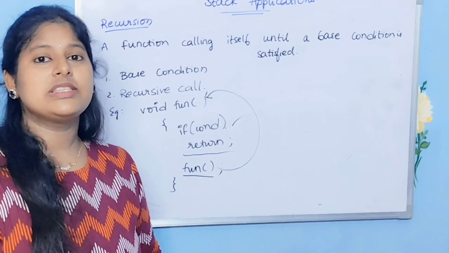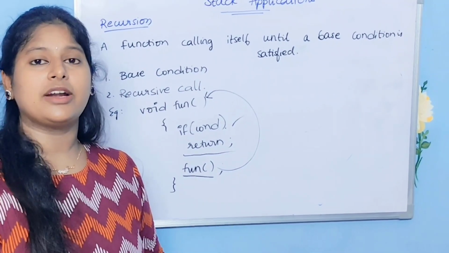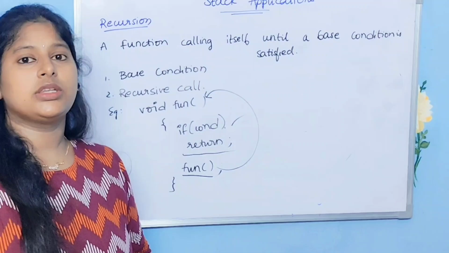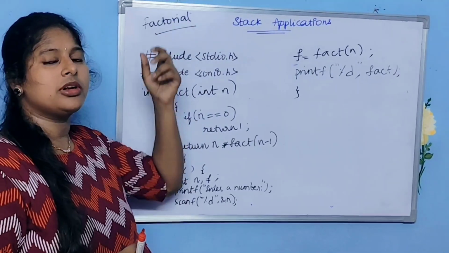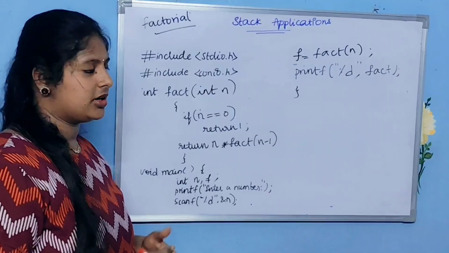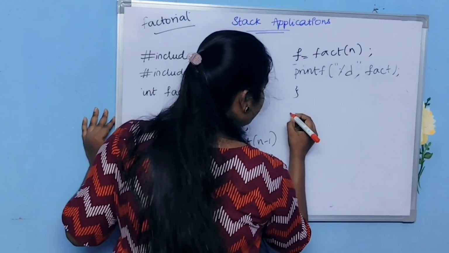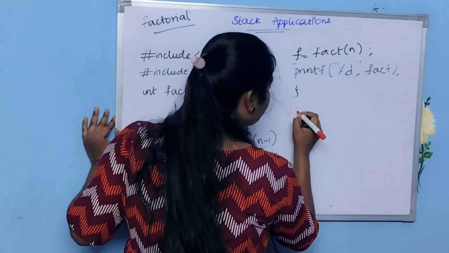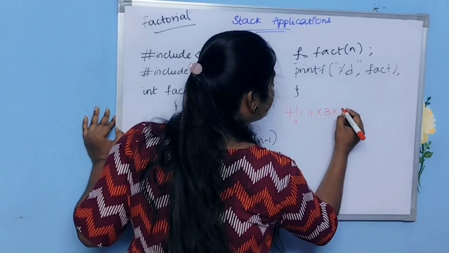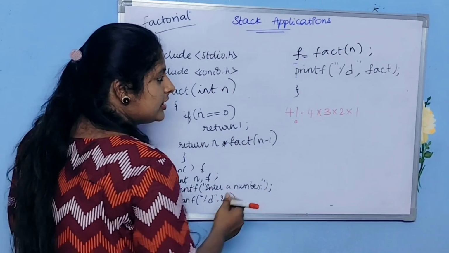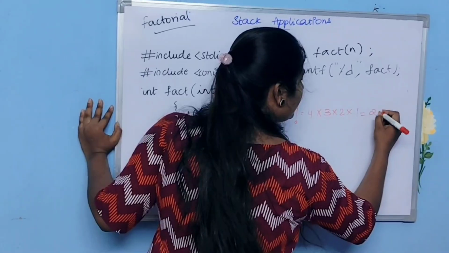Now we'll see the example of how to perform a factorial program with this recursion concept. Let me explain the program for calculating the factorial of a given number. What is meant by factorial? For example, if I ask you what is 4 factorial, then you write 4 into 3 into 2 into 1. What is the value? 24.